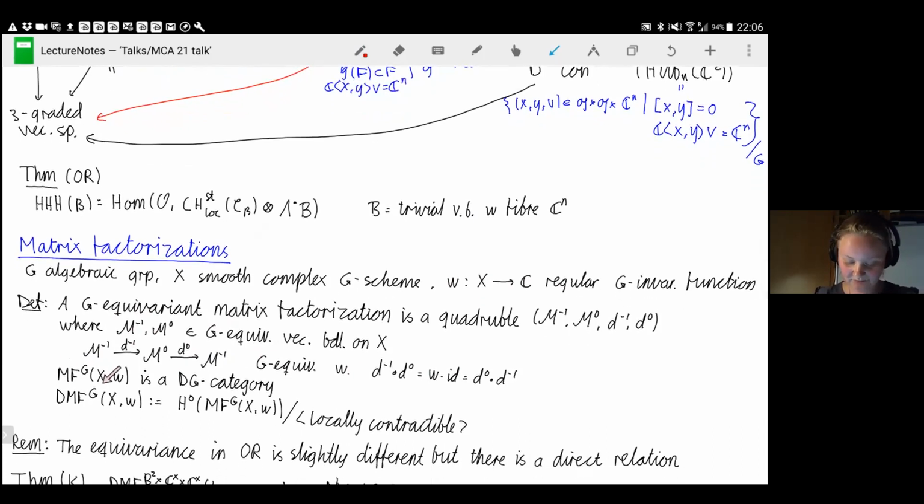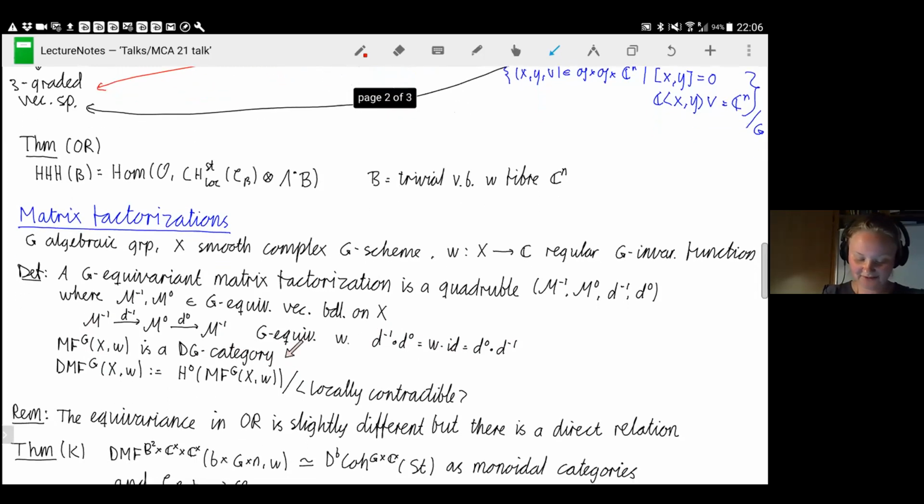And you can imagine what the morphisms will be. Maps should have differential 0, because if you have multiple maps between these, then you're going to mess this up otherwise.